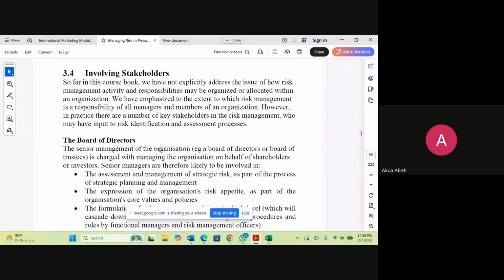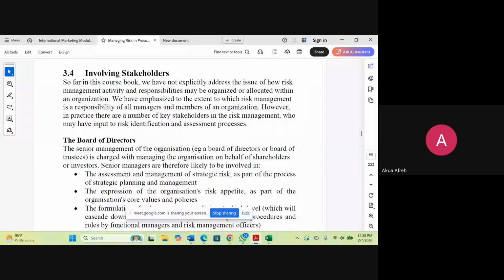We know who our stakeholders are. They can be our shareholders, our suppliers, our customers, our employees, the regulators, the investors, our partners, and all that.